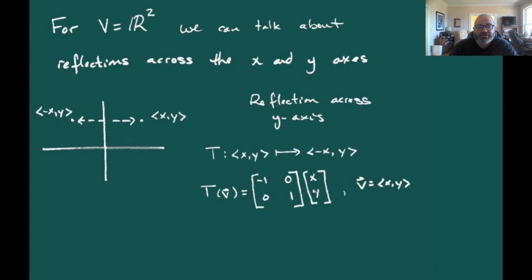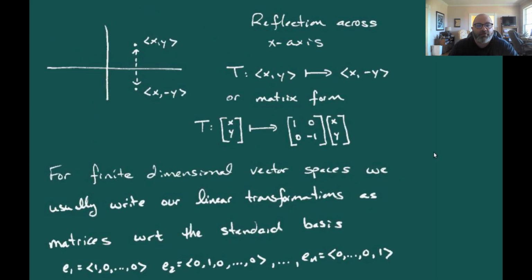Really, we're just changing the x value, so we've got the matrix with rows (negative 1, 0) and (0, 1) times our input vector (x, y). If we then do a reflection across the x-axis, so that y just goes to negative y, then in matrix form that is going to look like (1, 0), (0, negative 1) times our vector (x, y).